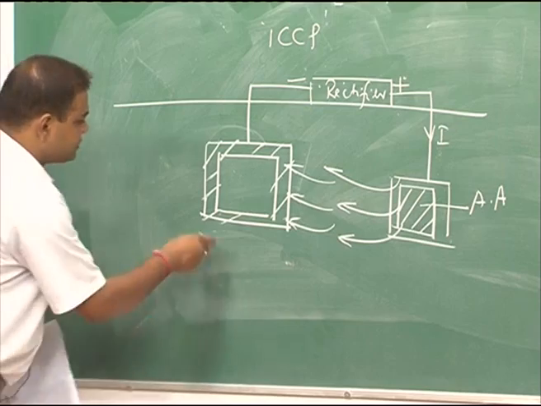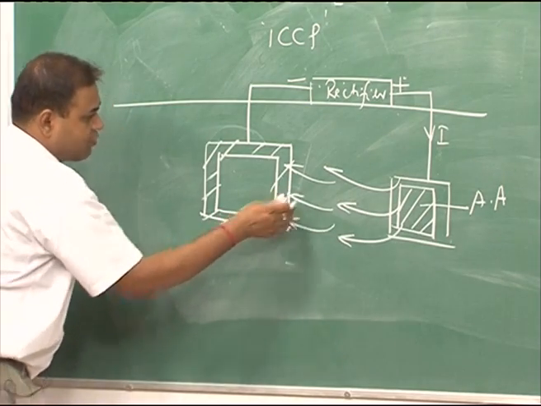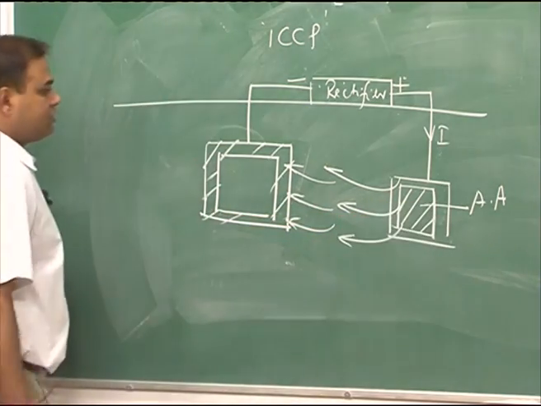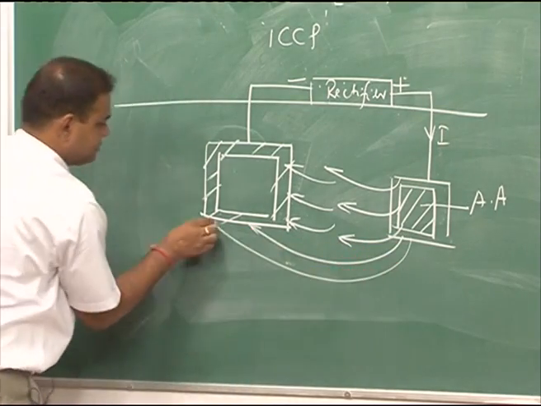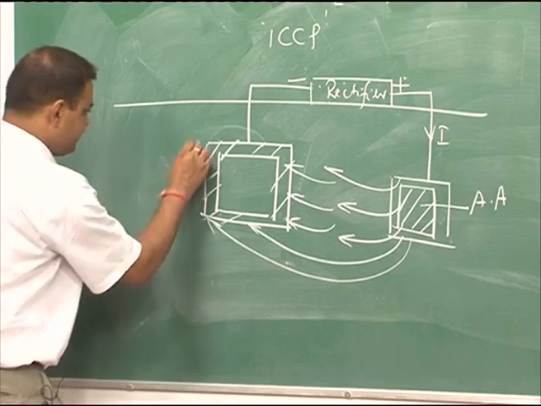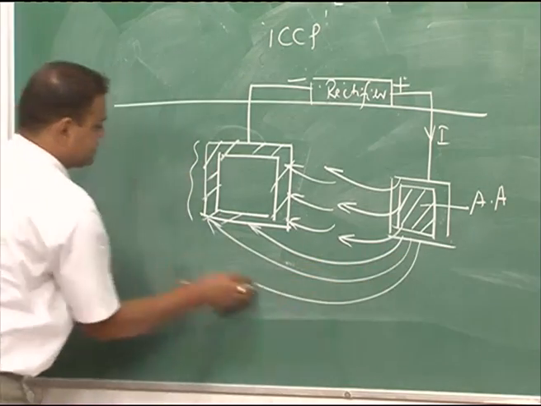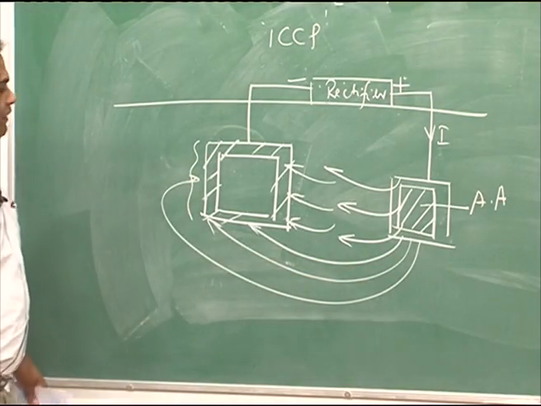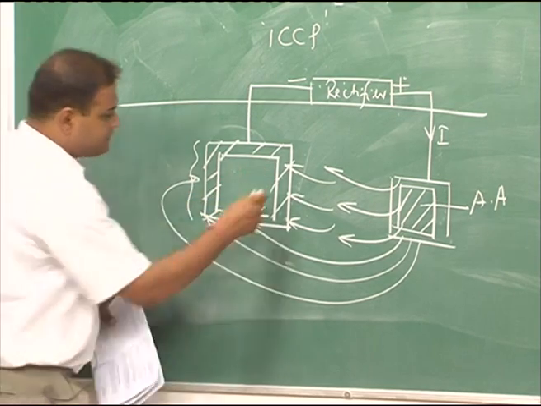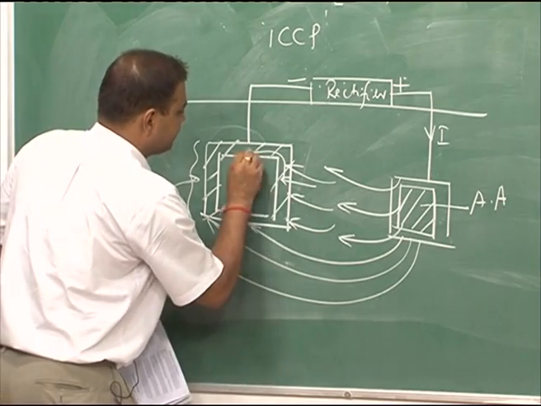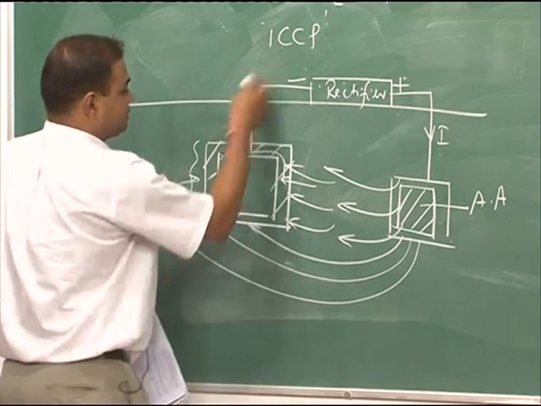Now, if this tank is very large, the current is gradually entering. If we consider the region away from the auxiliary anode, the current has to travel a larger distance, and further away it has to travel an even larger distance.